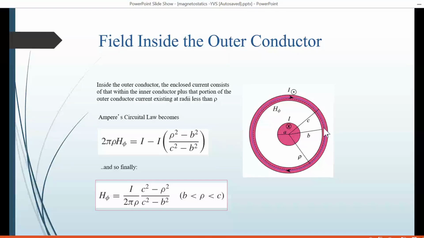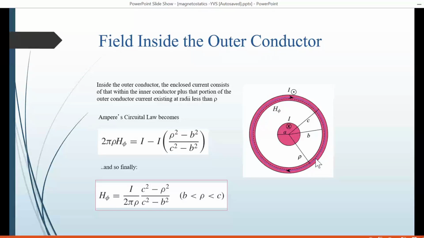So for this path we have to consider a closed path again, and let the closed path have some radius rho, the radius of this new enclosing path.